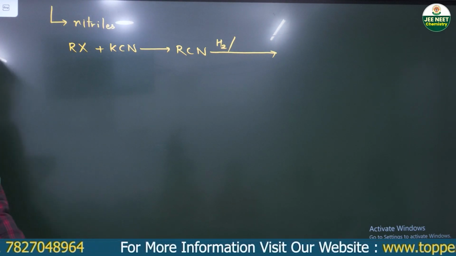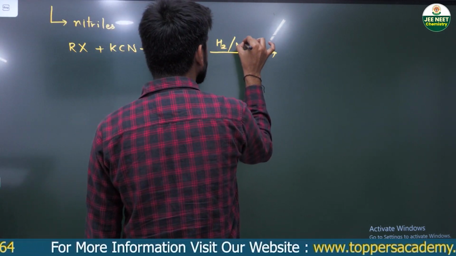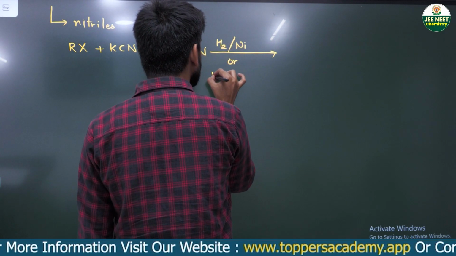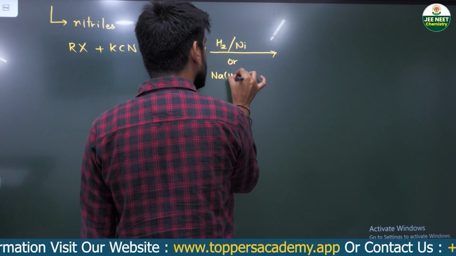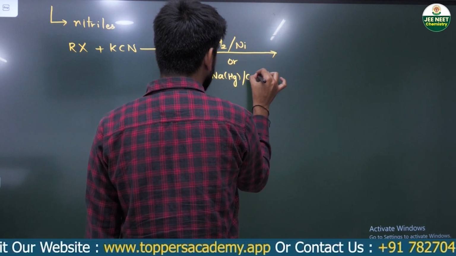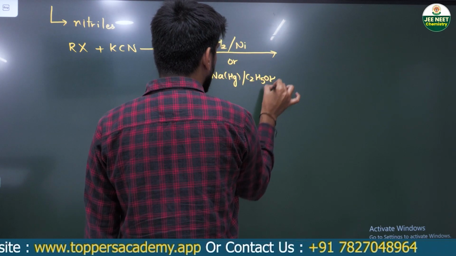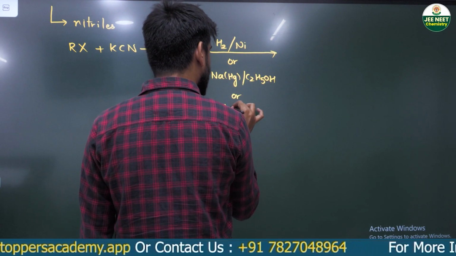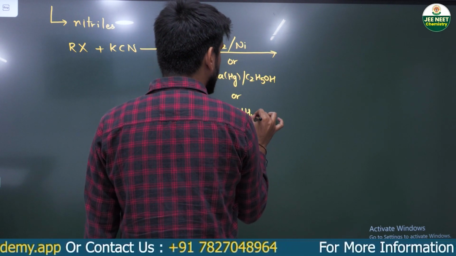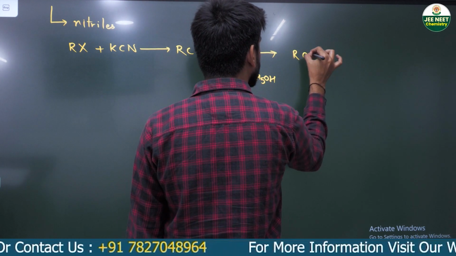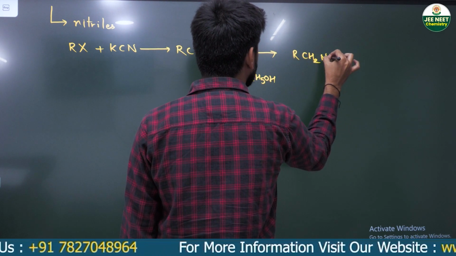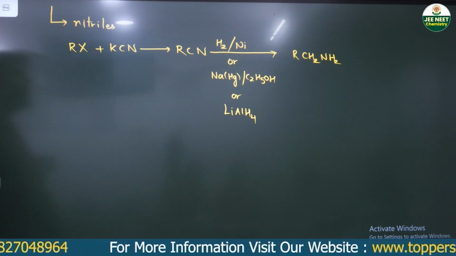So hydrogen in the presence of nickel, or we can use sodium amalgam in the presence of ethanol, or we can use LiAlH4 in order to get amine, the primary amine. Tell me if this is clear.